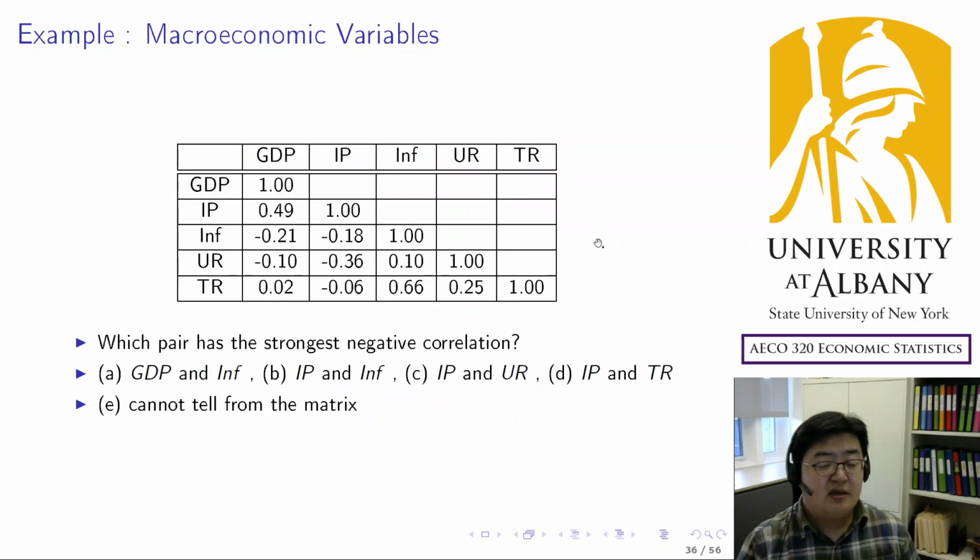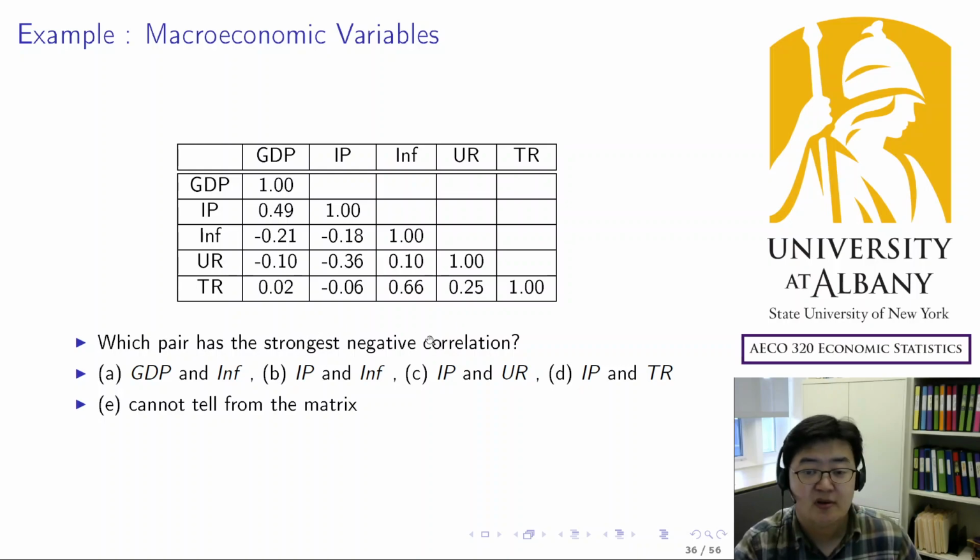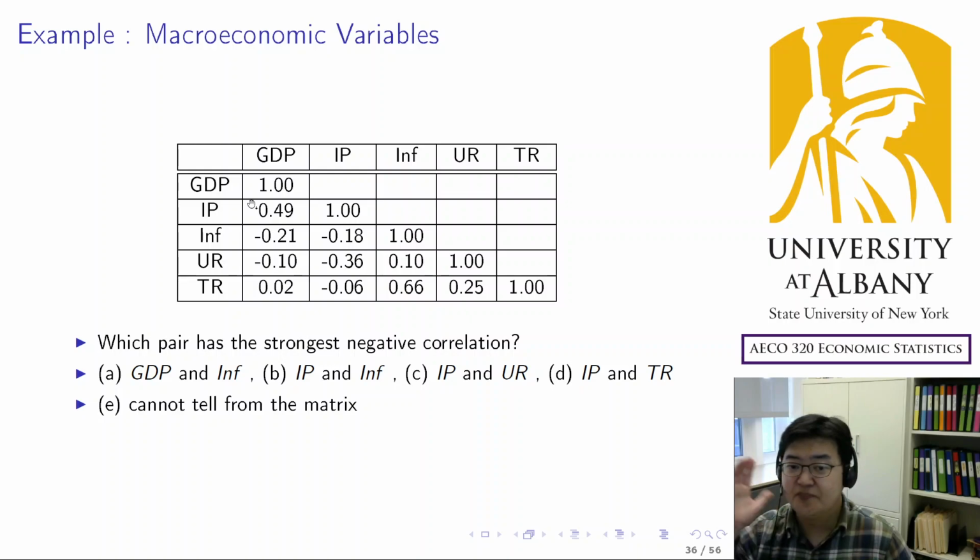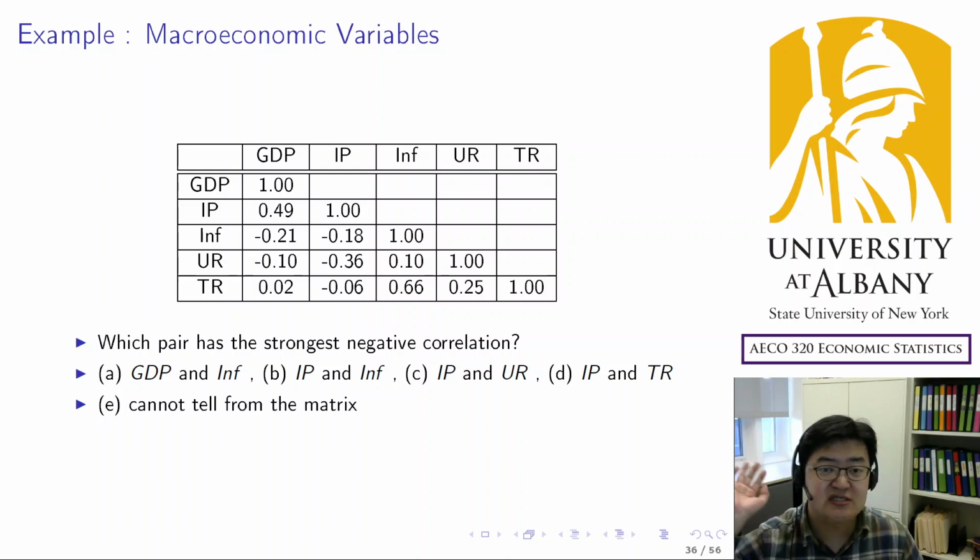And then let me give you this question. Which pair has the strongest negative correlation? Okay. So there are 1, 2, 3, 4, 5 pairs. And of course, among them, when you compare them, the correlation coefficient closer to -1 is stronger.